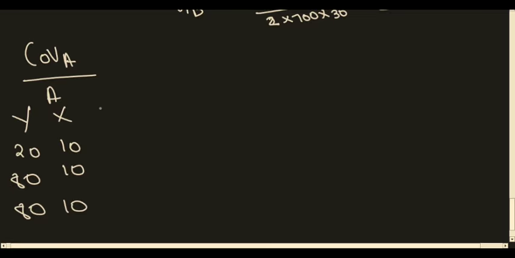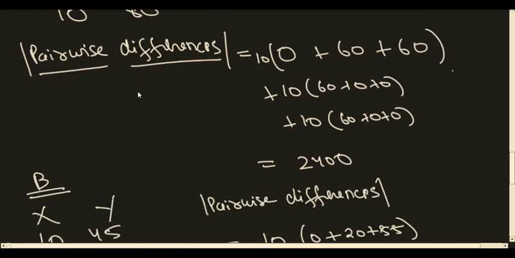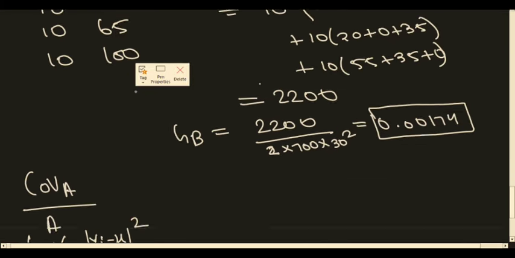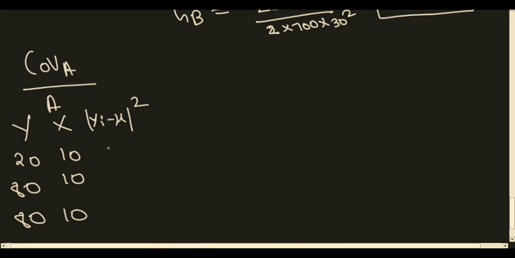Then we have deviations, Yi minus mu, absolute deviations, and we square them up. Our mean was coming out to be 60. Yes, the mean was 60. So this would be 40 square, this would be 20 square, this would be 20 square.